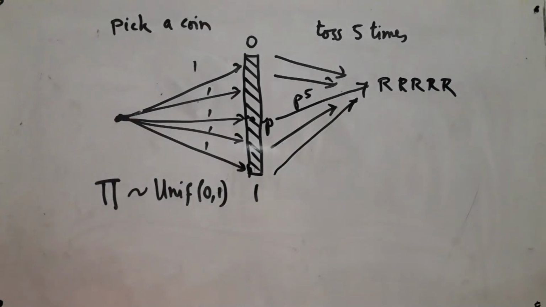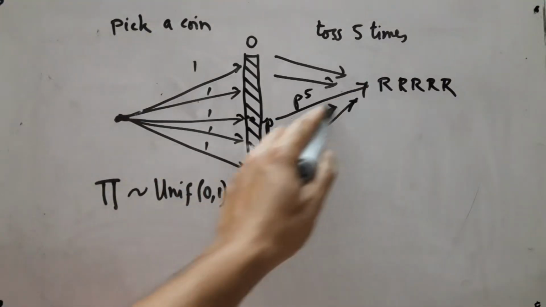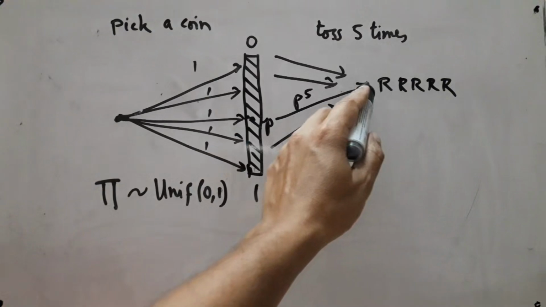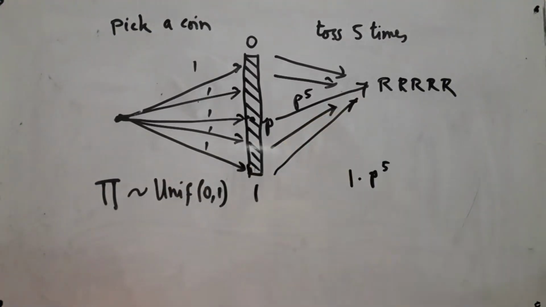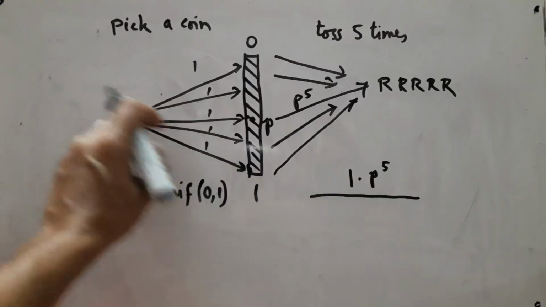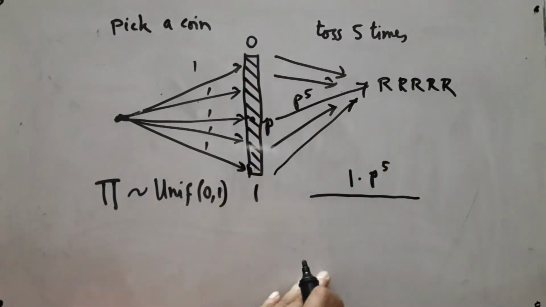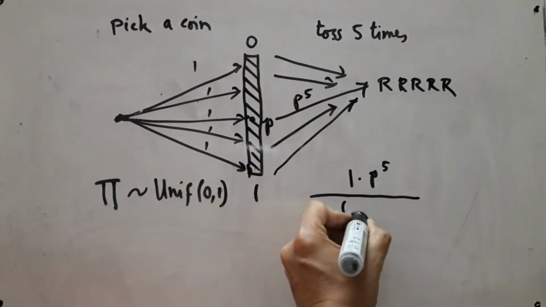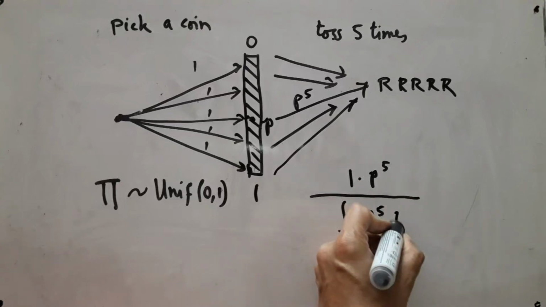And I will use exactly the same analogy, whatever we did earlier. I will find out this particular path that passes through this. It is 1 times P to the power 5. And downstairs I will divide by the total of all possible paths. In this case, because there's a continuum of paths, it will be just the integral. So upstairs you have P to the power 5.